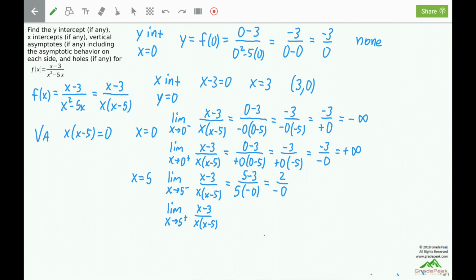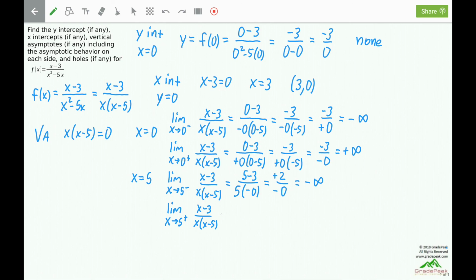The numerator is a positive 2. A positive over a negative is negative. Non-zero over 0 is an infinity. And there's the asymptotic behavior on the left side of the x equals 5 vertical asymptote.